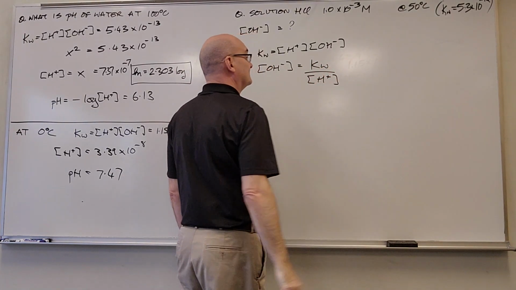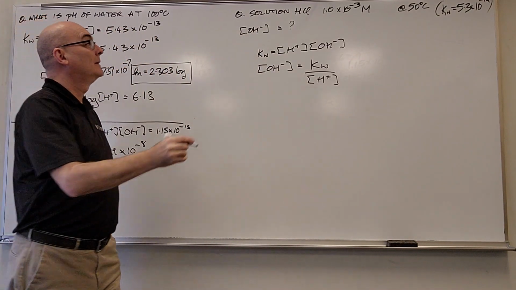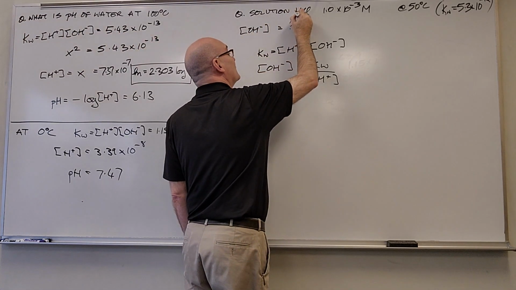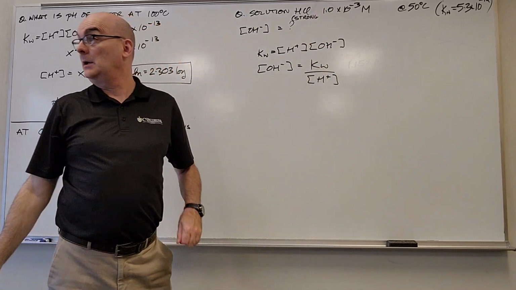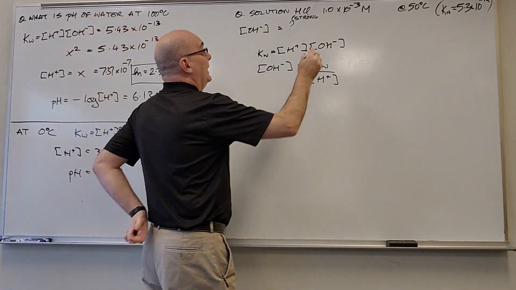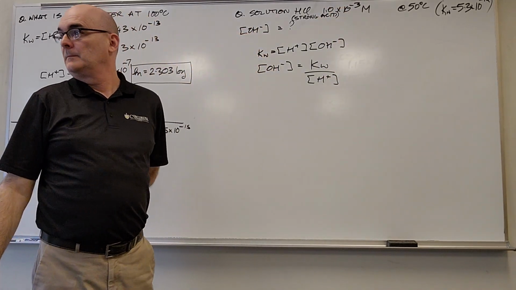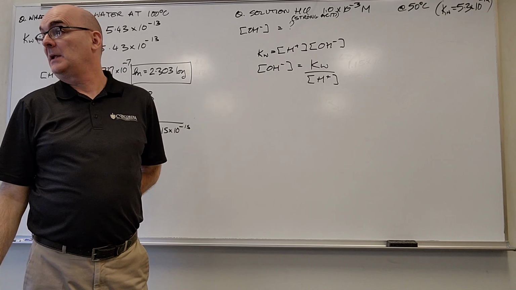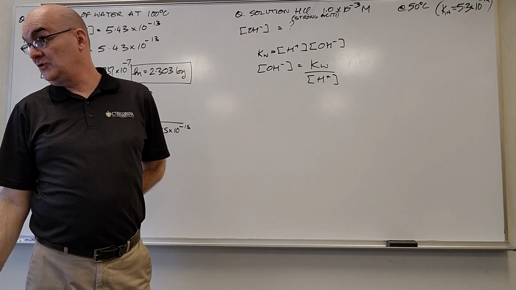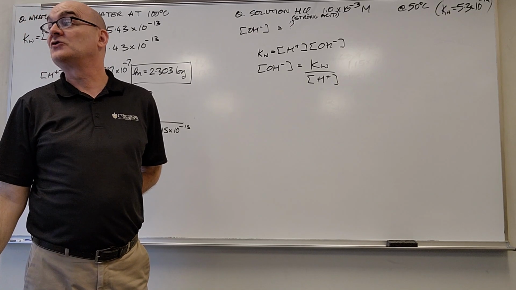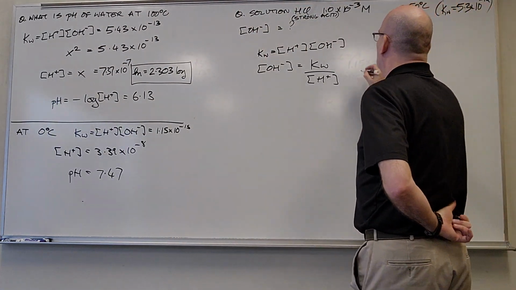And the thing that makes this question easy, or at least uncomplicated, is that HCl is a strong acid, which means it dissociates 100% in solution. We're not setting up an equilibrium where something dissociates and puts some H plus into solution. We're assuming that the whole value goes in.